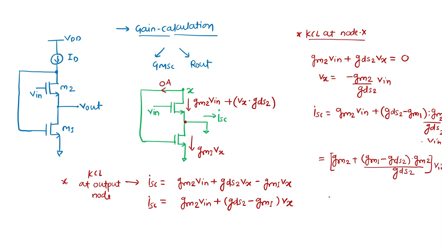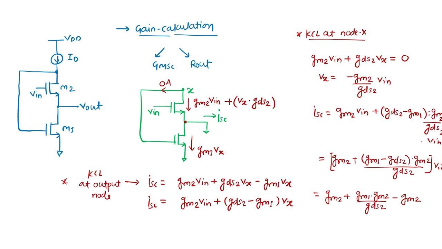So from here we can write, if we open it accordingly, GM2 plus GM1 GM2 by GDS2 minus GM2.